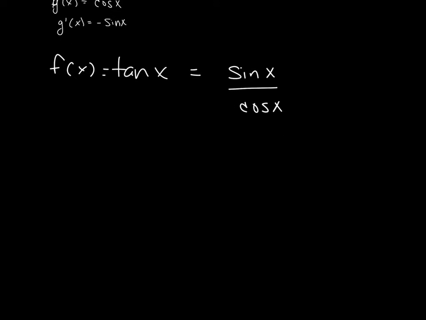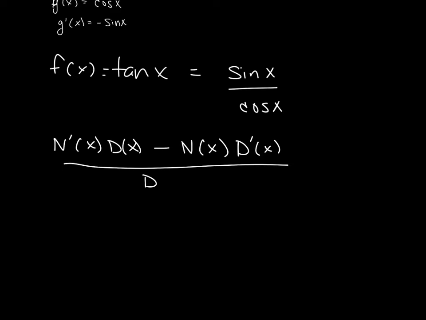So let's just go back over the quotient rule a little bit. It is the derivative of the numerator times the denominator minus the numerator times the derivative of the denominator all over the denominator squared.